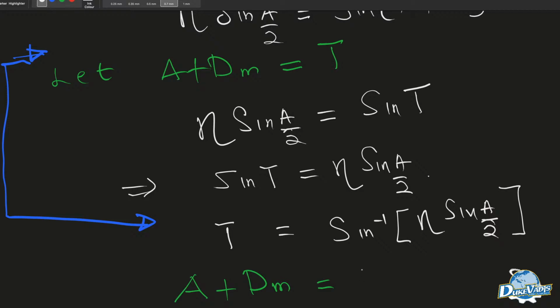Have you seen it? So we have sine inverse of the whole expression, n sine A over 2.